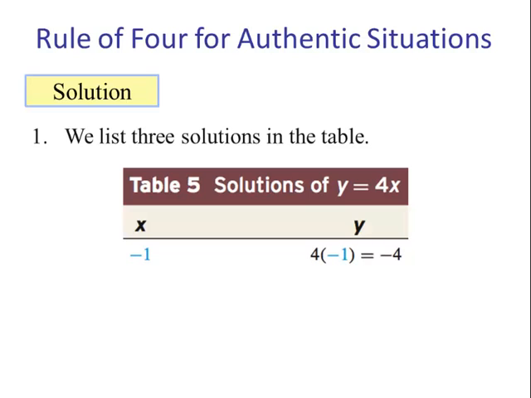I picked -1, and when we put that in the equation, we see that the value of y is -4. When x is 0, y is 0. When x is +1, y is +4, because 4 times 1 is 4. So we have our 3 ordered pairs. This completes the table.